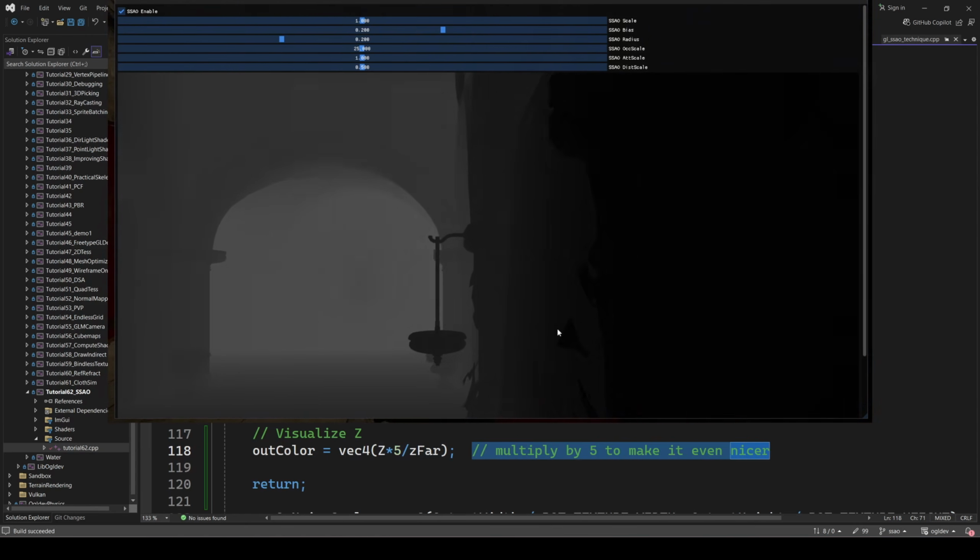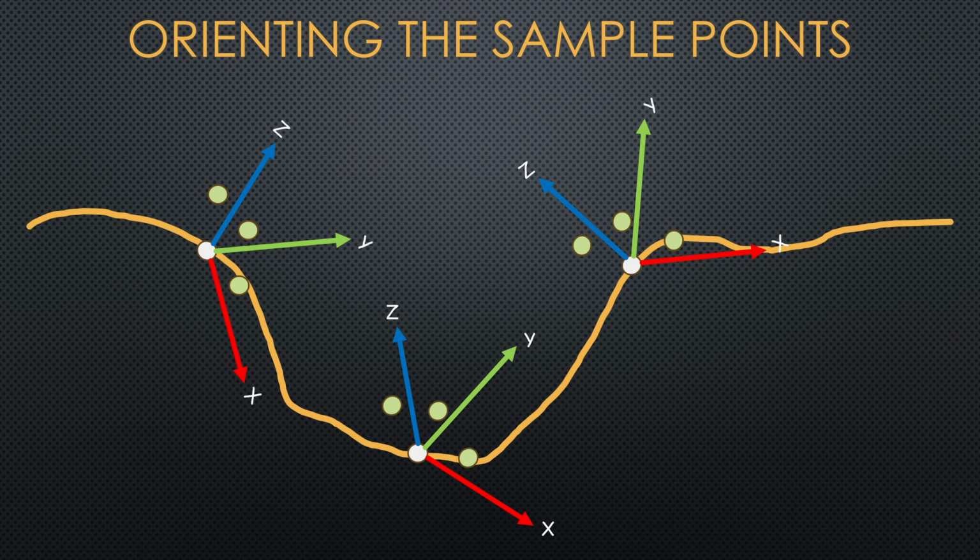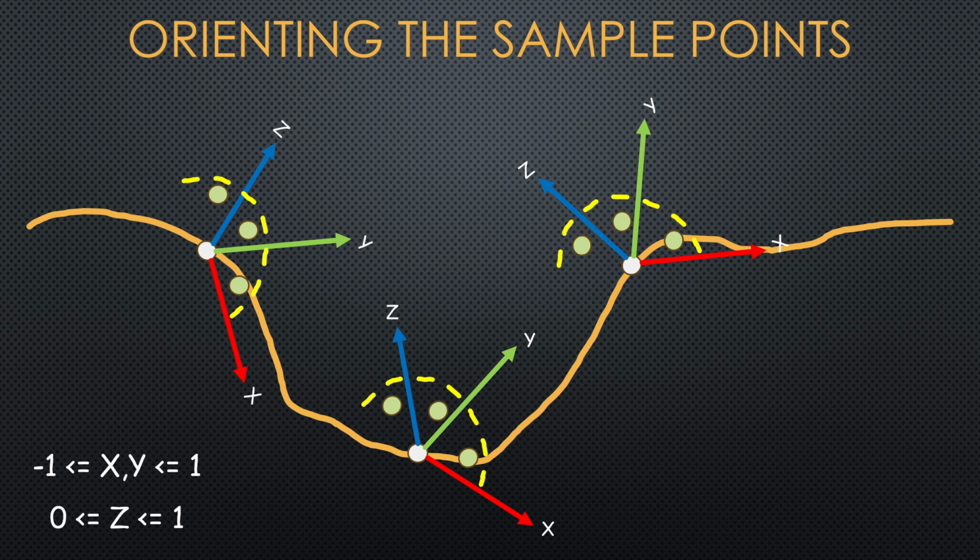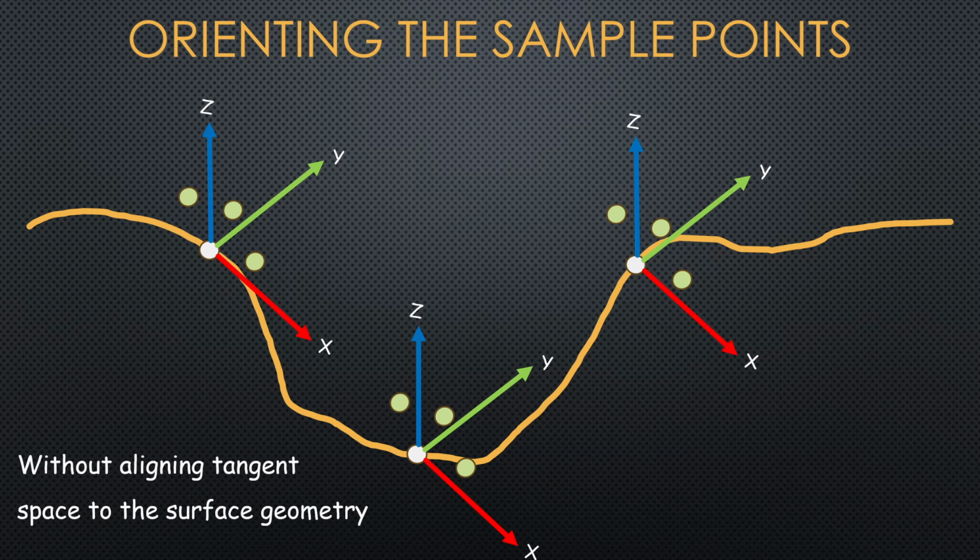Okay, let's continue. The next step is to orient our kernel of sample points around the current pixel. Remember that the x and y of the sample points go from -1 to 1, and z is 0 to 1, making it a hemisphere. But we can't use it as is, because it's kind of standing upright, whereas the surface can be oriented in different ways.